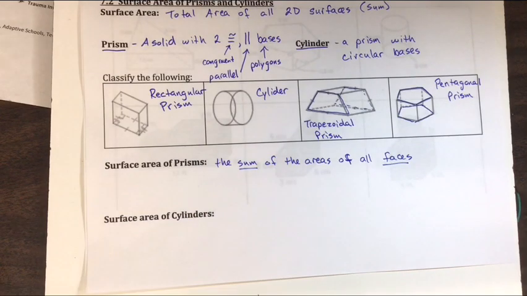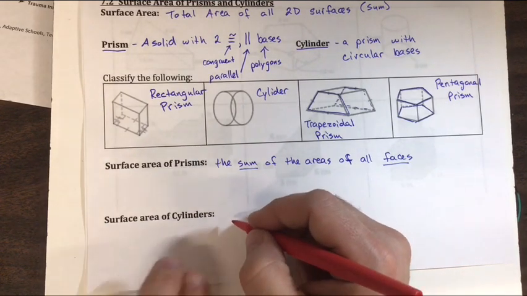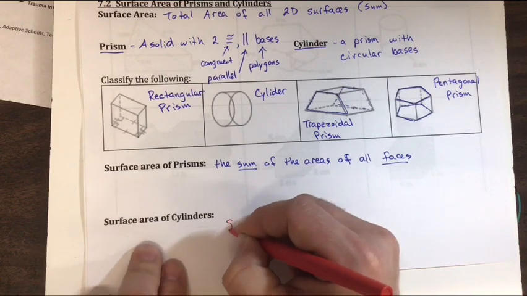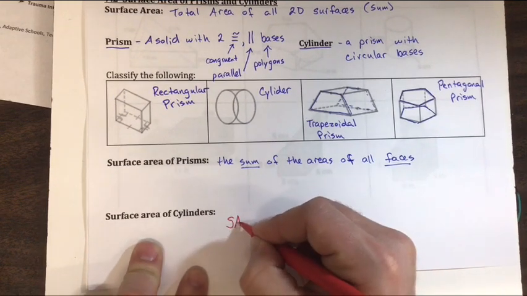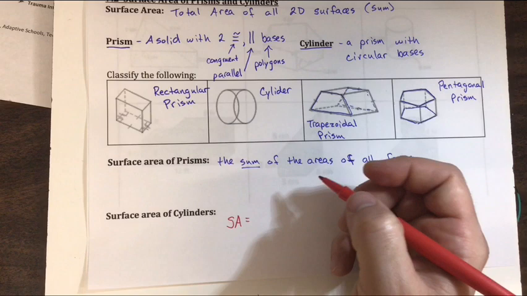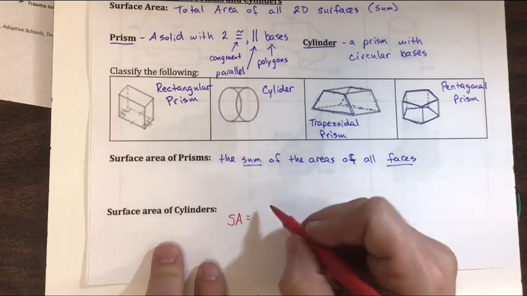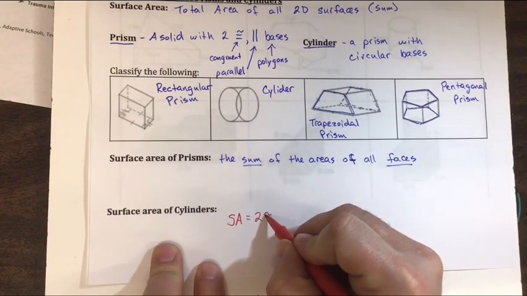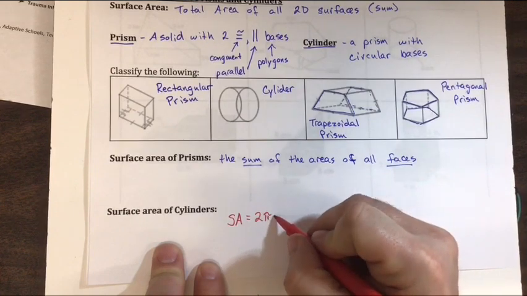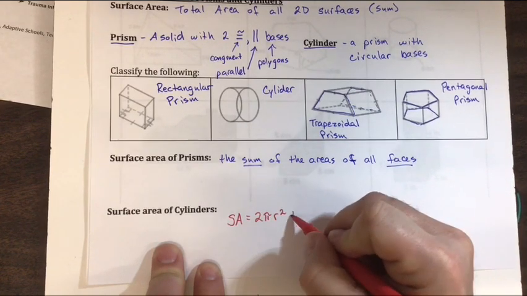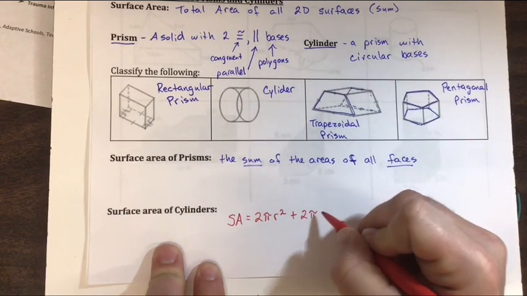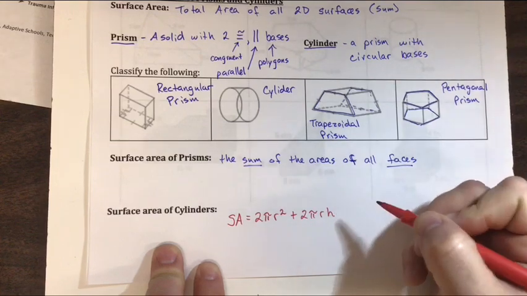Okay, the surface area of a cylinder has a specific formula, and we write that as SA, for surface area, equals 2 pi r squared plus 2 pi r h.